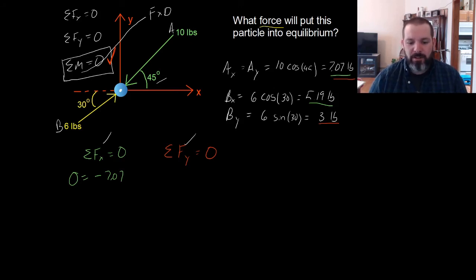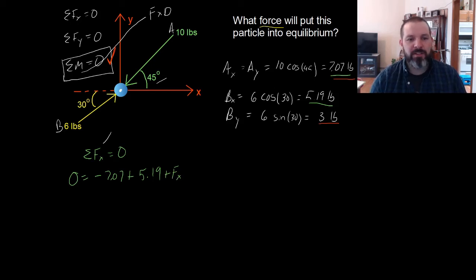We're going to have vector B, which is acting to the right, so it has a positive x direction, plus 5.19. And then we need to find out what the x component of the force we're looking for is. So I'm just going to add F sub x in there.